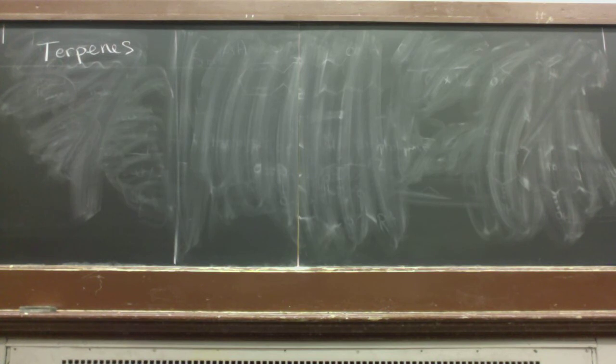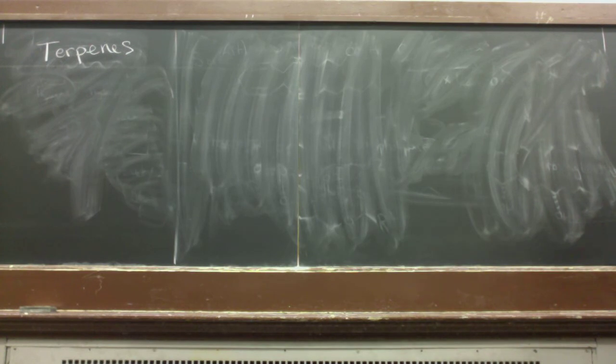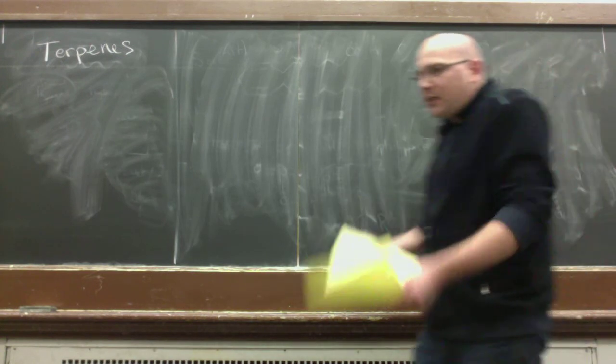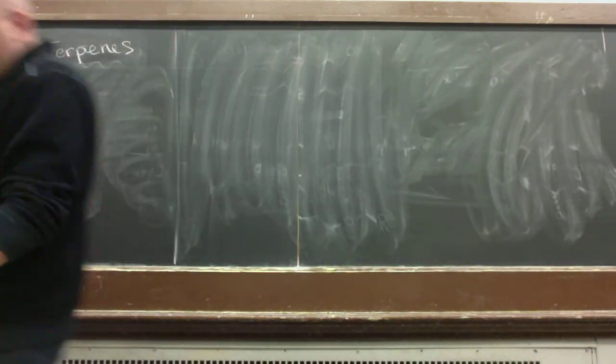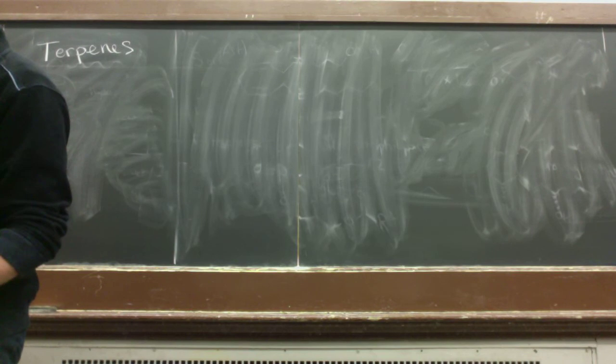So terpenes are molecules that are found widely in the literature. I want to give you a specific example. Pinene, for example, is one. Let's see if I can find a specific structure.